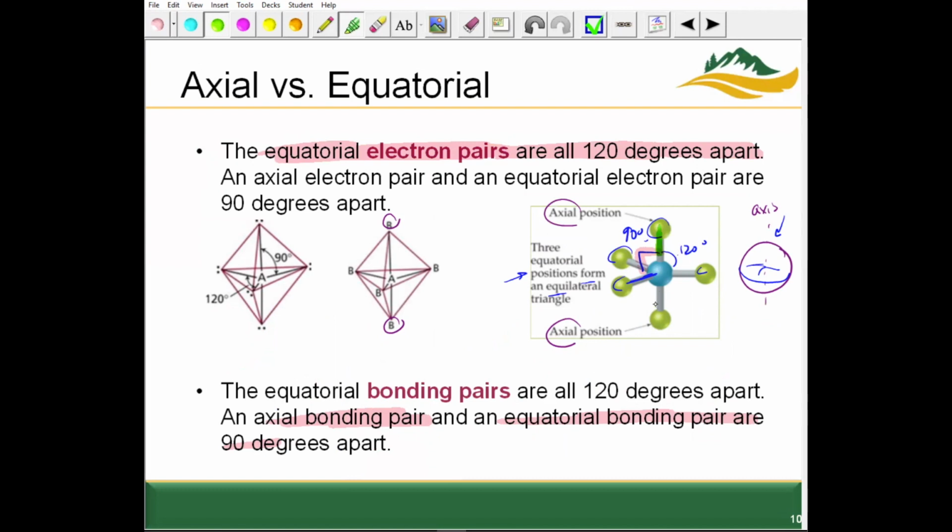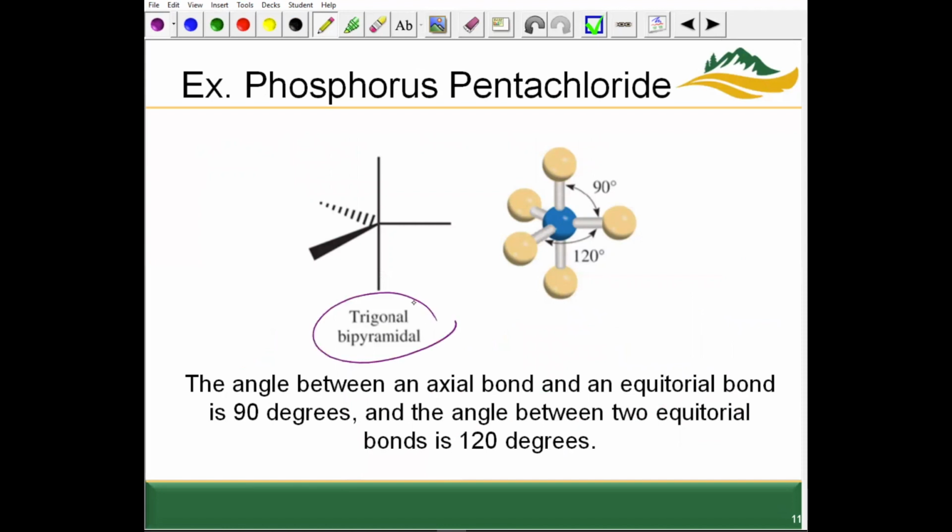So for trigonal bipyramidal, we have that class of AB5. An example of this class is phosphorus pentachloride. A phosphorus atom in the middle, then 5 chlorine atoms coming off of that central atom.